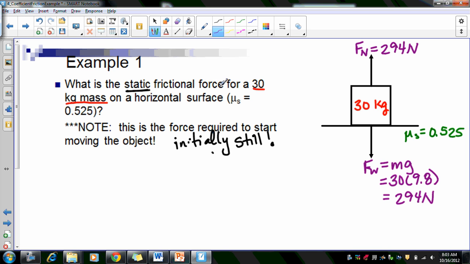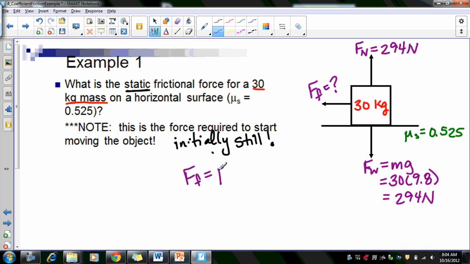So now we're not given the frictional force, but we are given the coefficient of friction. So let's go ahead and put our arrow for frictional force, and let's see if we can solve for that. That would be our new equation that we just found.